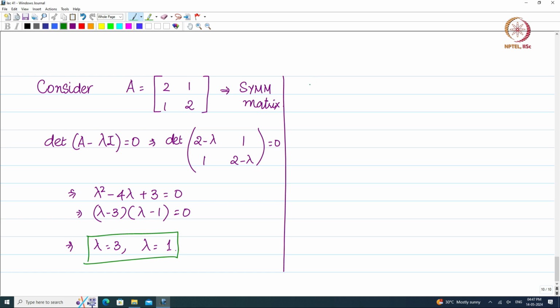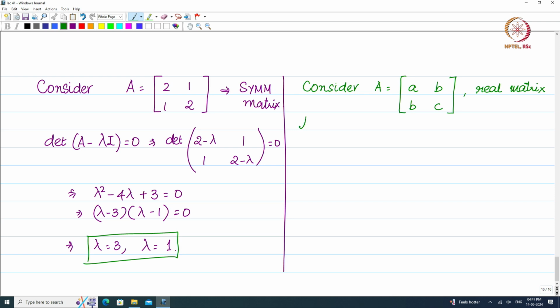Let us take a simple general matrix. So, consider A is equal to, let us say, a b, b c, real, and we have already seen that the transpose of this matrix is the matrix itself, therefore, A is symmetric.